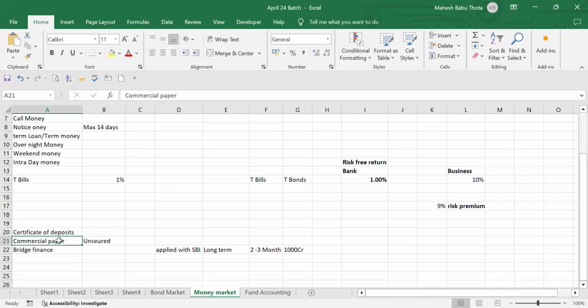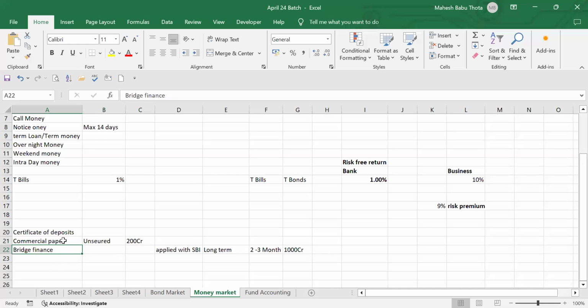Let's assume by issuing these commercial papers, I got 200 crores. With this 200 crores, I can manage 2-3 months, even 4 or 5 months, and run my project. Once I get the 1,000 crores, I'll repay this 200 crores and settle the commercial paper. That is called bridge finance.